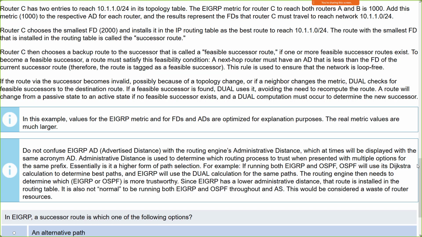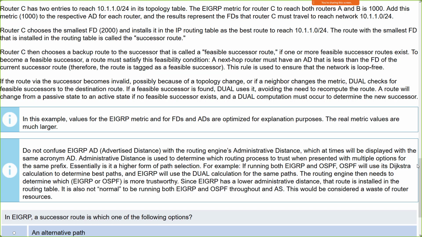The other ones qualify as feasible successors, but they're not actually going to be used because they might have a higher overall path metric than the first one, right? If that makes sense. So let's say I have 4 routes to a destination. Obviously, the one with the lowest overall path metric becomes the successor. So I've got 3 remaining routes. Let's say they all qualify as feasible successors, then I would choose the feasible successor based on the lowest metric of those remaining 3 routes. Okay?